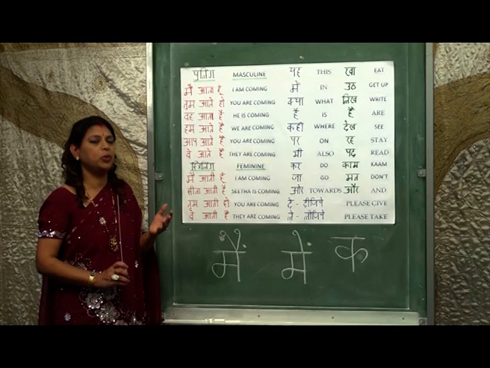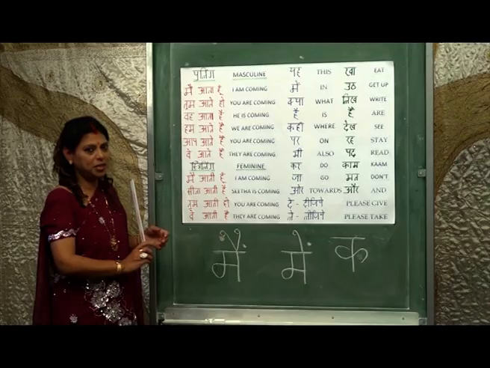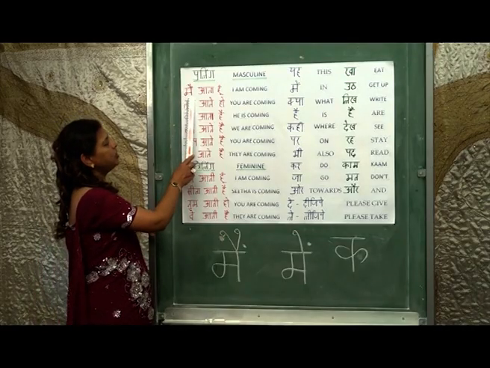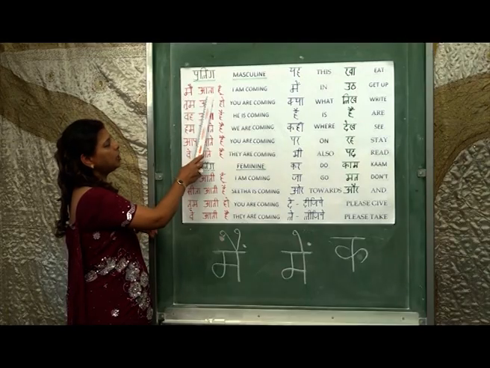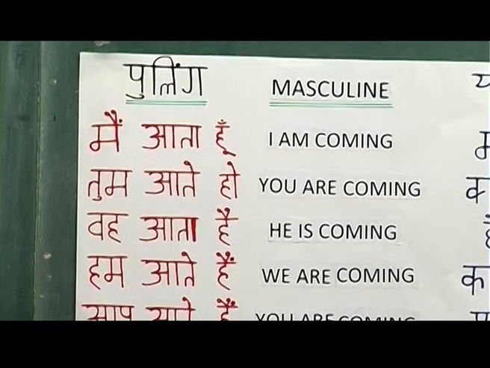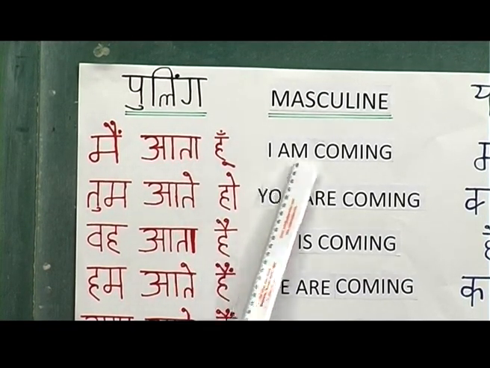But your sentence will end with hoon. But I have given you short sentences to make it easier for you to learn. And the first one reads, मैं आता हूँ. And here it's under masculine, so it is a male speaking. I am coming.